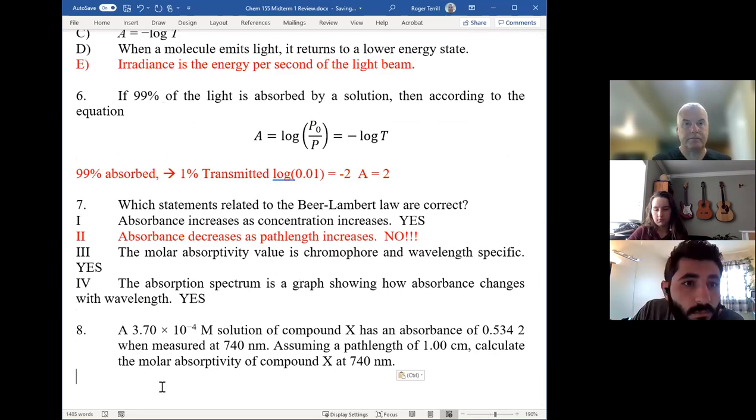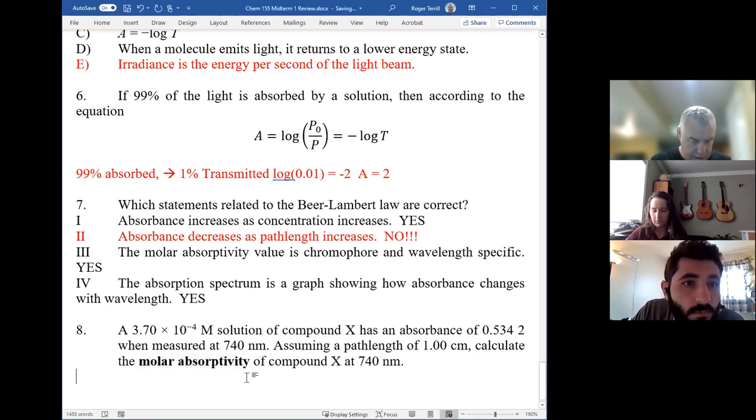So here's the data we have. 3.7 times 10 to the minus 4 molar solution of compound X has an absorbance of 0.5342, measured at 740. Assuming a path length of 1, calculate the molar absorptivity of the compound. So the molar absorptivity is what we're wanting here, right?